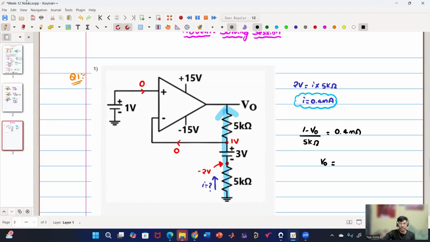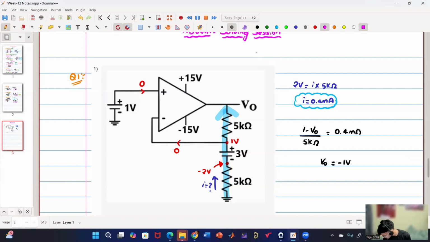What is the value of V0? Minus 1 volt. Yes. So V0 is nothing but minus 1 volt.